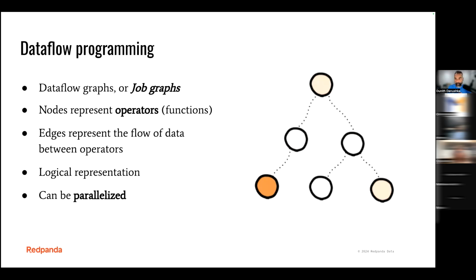This is a DAG, we call it a directed acyclic graph. In here you have a collection of nodes and edges. Each node represents some kind of computation logic. This could be something like a function, aggregation, counting operation, or something like that. And then we have edges that represent different data flows between these nodes.